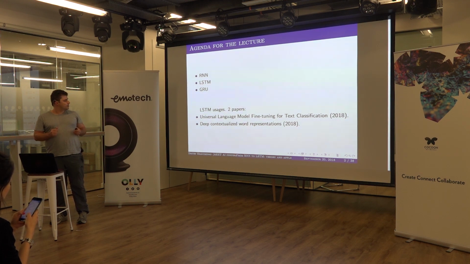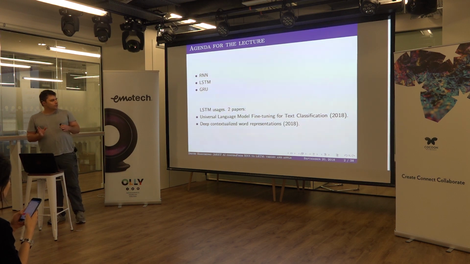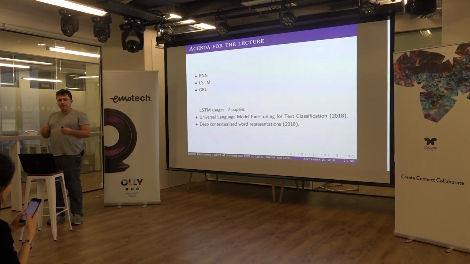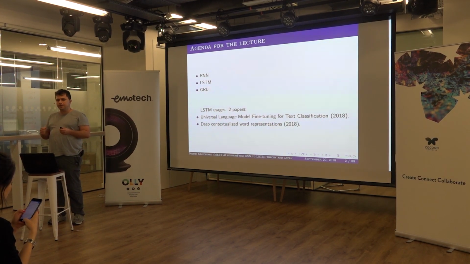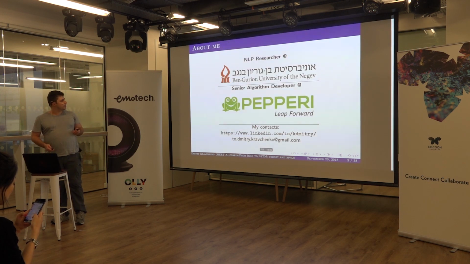And the second paper is about deep contextualized word representations. It's about substitution for word embeddings. It's like a better version of word embeddings. And it also uses LSTM as a neural network model. These two papers run on datasets which already exist, and they beat the state-of-the-art results. So let me start.